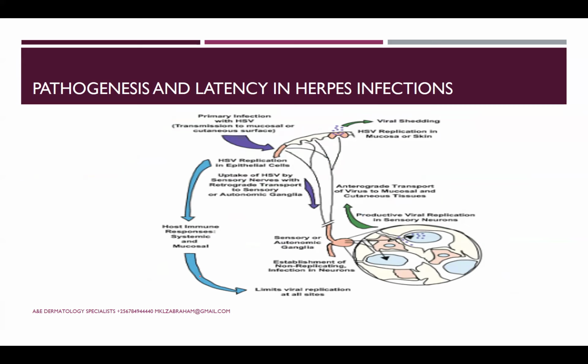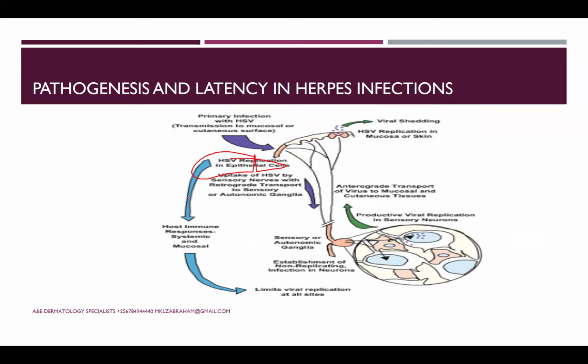In the pathogenesis, we know that this virus, after infection, will show latency. For example, if you have intercourse with someone who is infected and they give you the virus, that virus will first attack your epithelial cells, where it will replicate, with or even without symptoms.